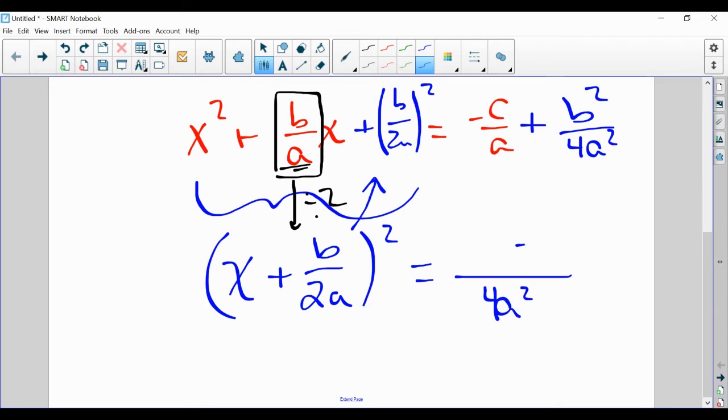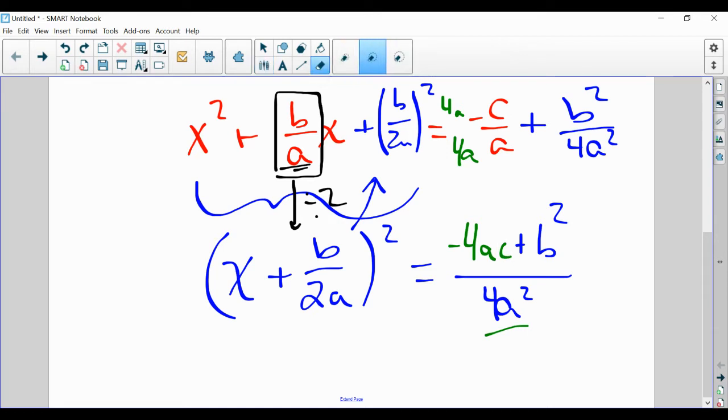So the plus b squared, that's okay. The negative c, that needs to be changed. So think about what I need to multiply top and bottom by to turn a into 4a squared. I need to multiply top and bottom by 4a. 4a times a negative c is minus 4ac.